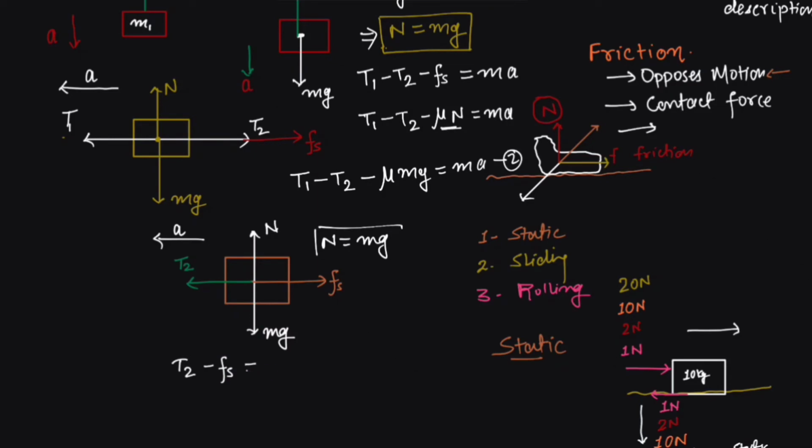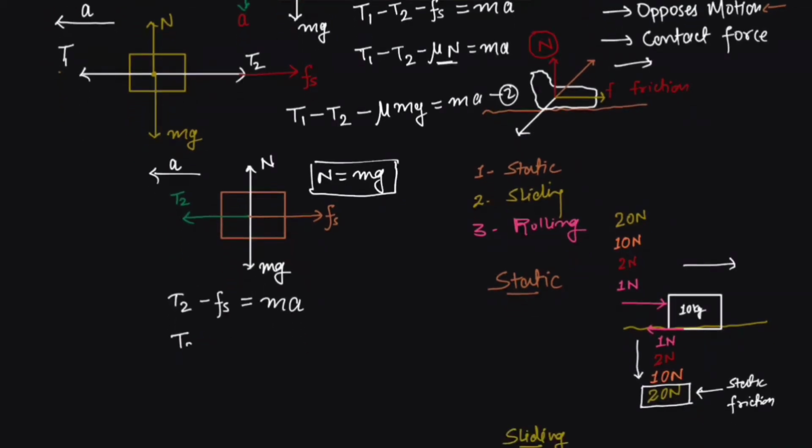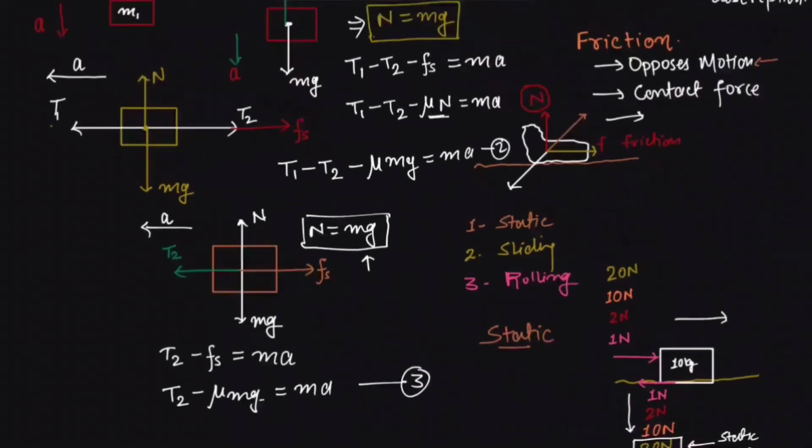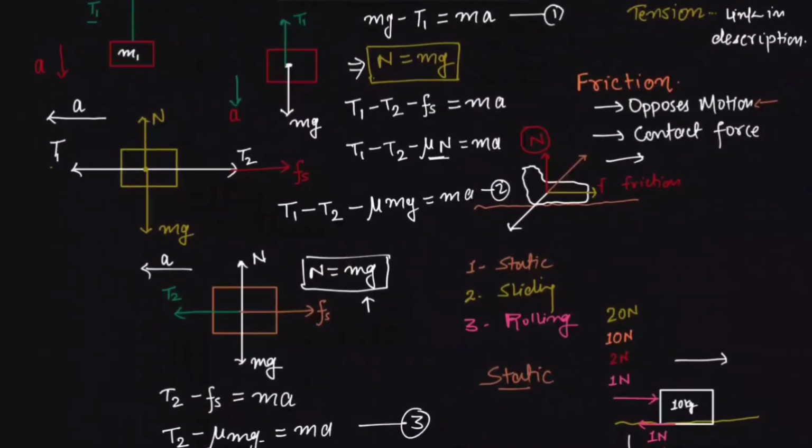So this is the net force, and this would be equal to mass times acceleration. T2 minus force of friction, which is mu times N, and N is nothing but mg, is equal to ma. This is equation number 3. That's it. We created 3 equations, and now we can solve.